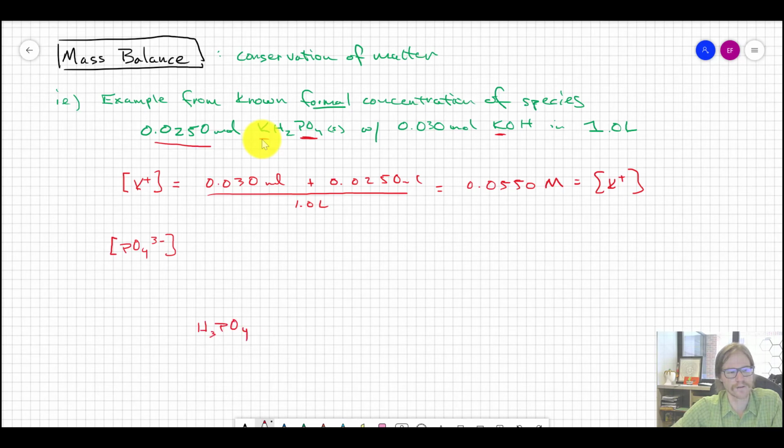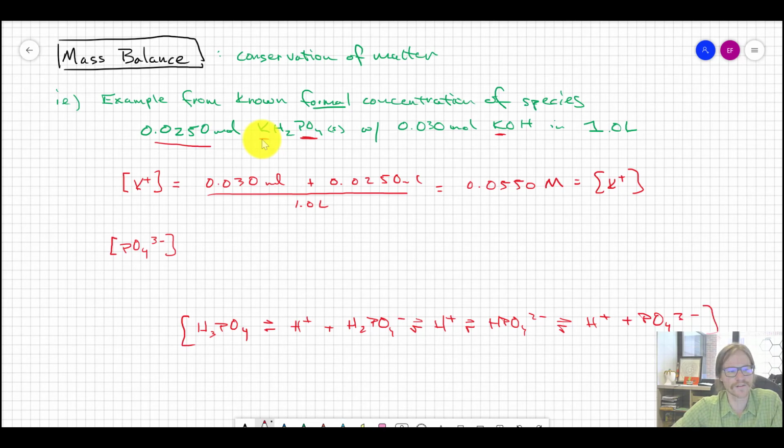So phosphoric acid, if I just write this out, can lose a proton to make H2PO4 minus, which can lose another proton, which makes HPO4 2 minus, which can lose the final proton to make PO4 3 minus, the phosphate ion. So that's the phosphoric acid system.